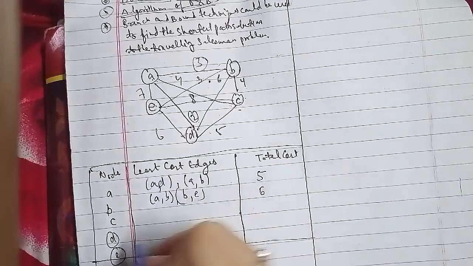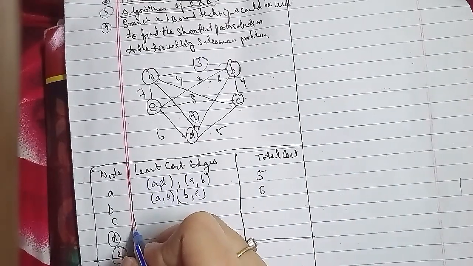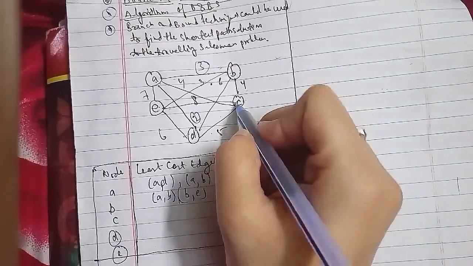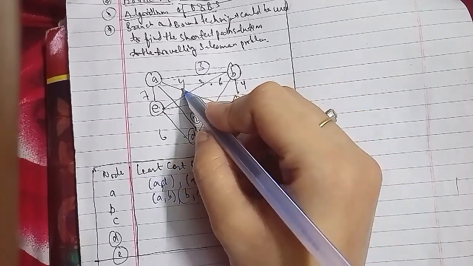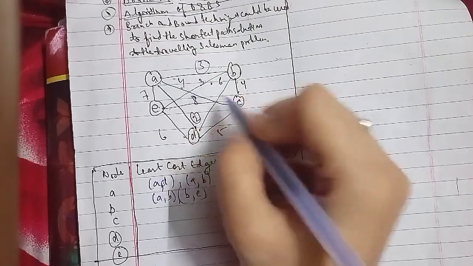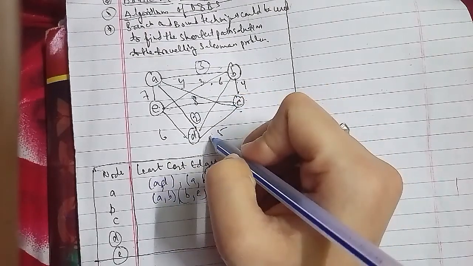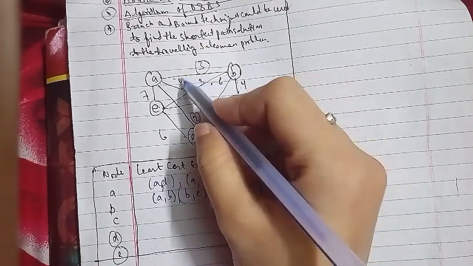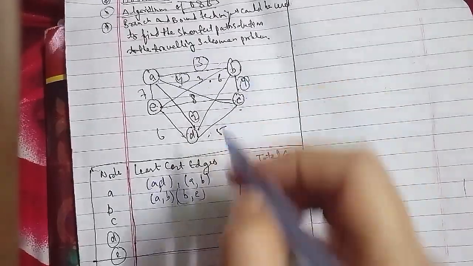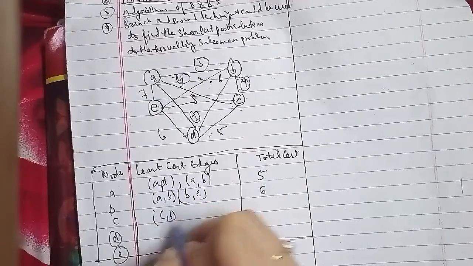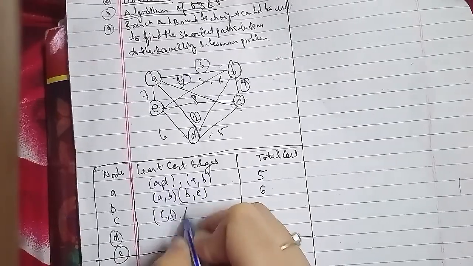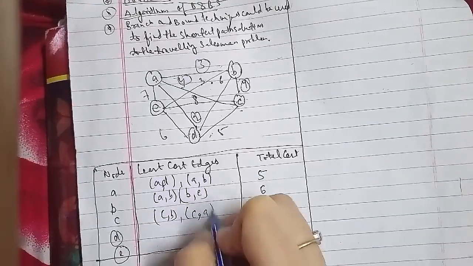Next, for node D: here this is 2, this is 6, this is 6 and this is 5, so 2 and 5 are the smaller ones. That is D comma A and D comma C, and 2 plus 5 is 7.